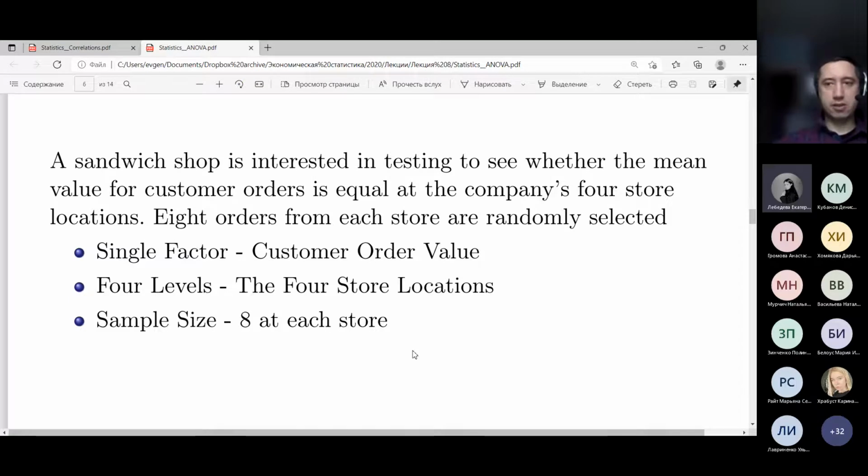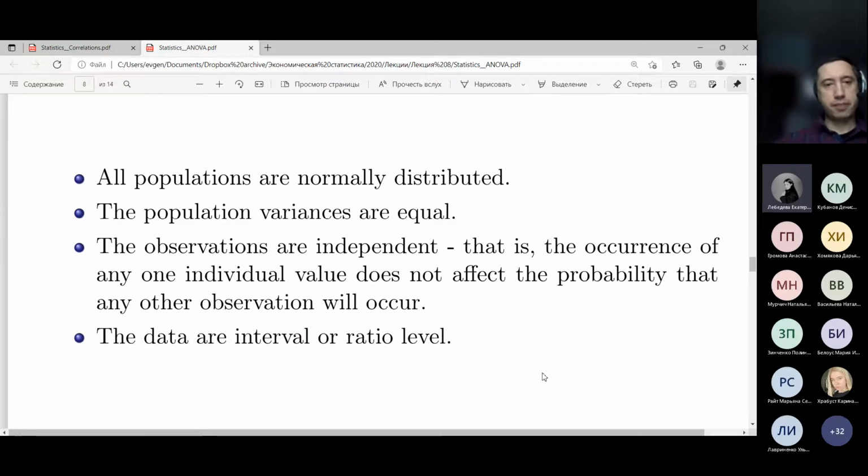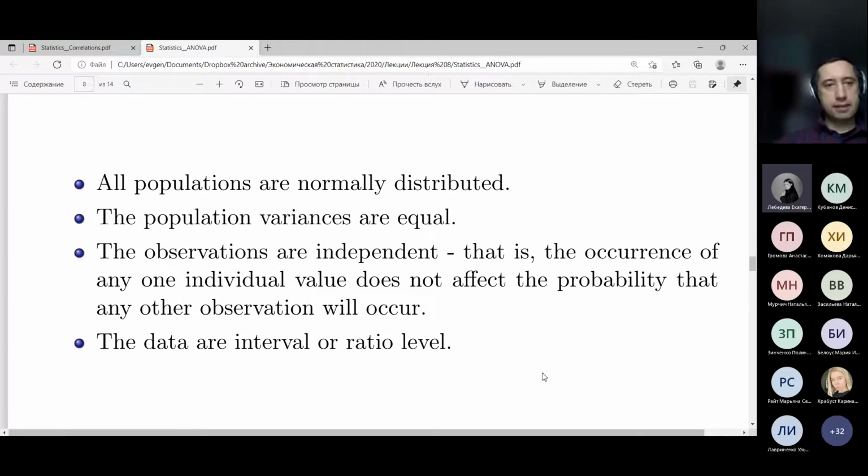Hence we can assume that these sales are independent. And for sure, sales is a continuous variable, hence we can apply ANOVA. All of our assumptions can be satisfied, and we can argue why they are satisfied, which is important.